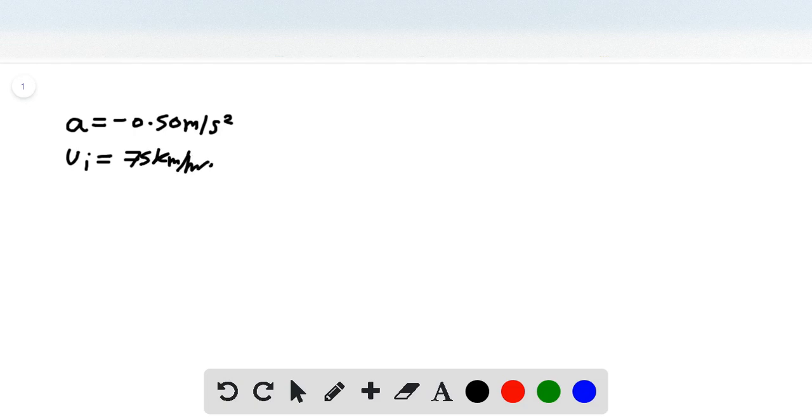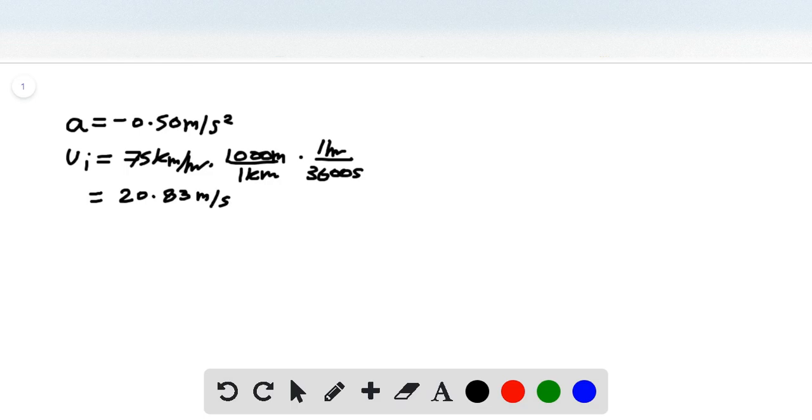Let's change this to meters per second, so multiply by 1,000 meters in 1 kilometer, and in 1 hour we have 3600 seconds. This will yield a speed of 20.83 meters per second.